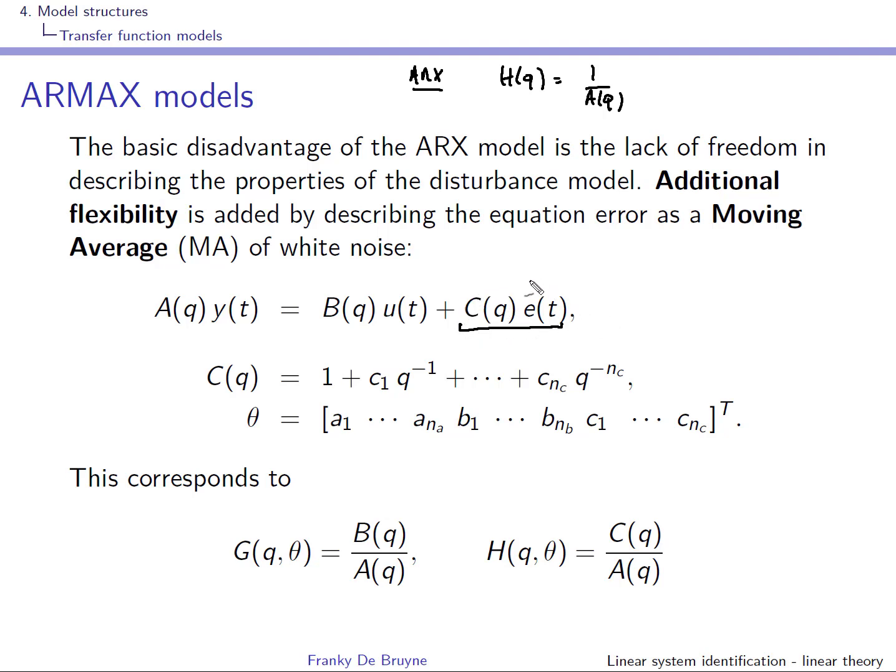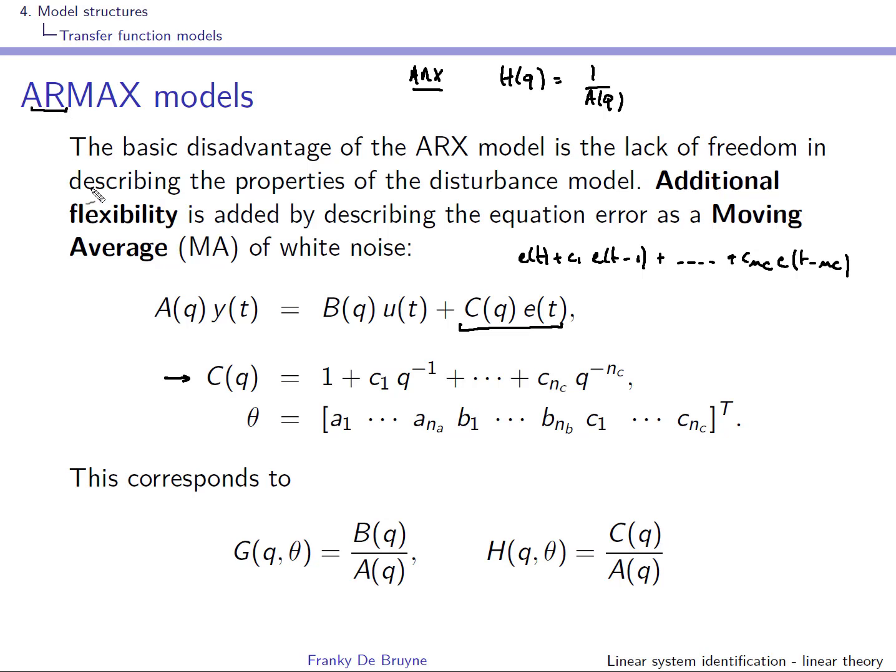And this filter, because C is given over here, is e(t) plus c1 e(t-1) up to c_nc e(t-nc). And this is what is called a moving average of e(t), hence the name ARMAX model.